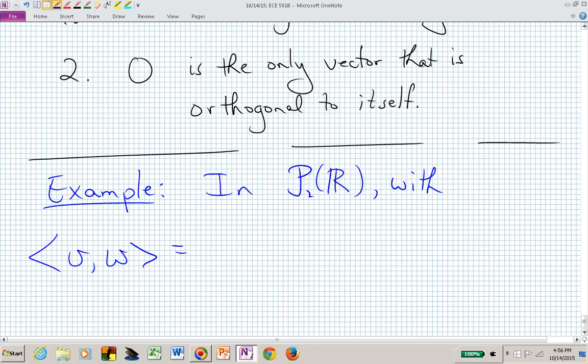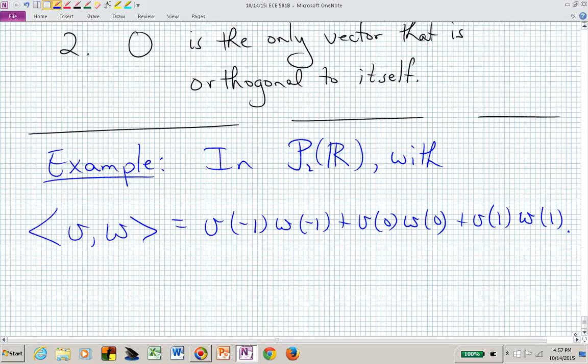We know we have to sample it how many times? 3. It really doesn't matter where we sample it. We just need to sample it 3 times. So now let's say that we do it at -1, 0, and +1. Now, it does matter where we sample in terms of what the inner product ends up being, but we need to at least sample it at 3 different places in our argument.